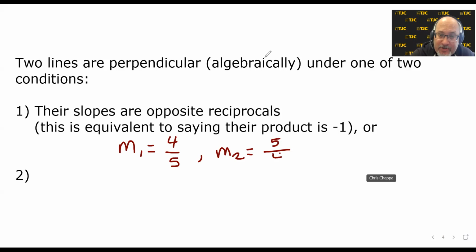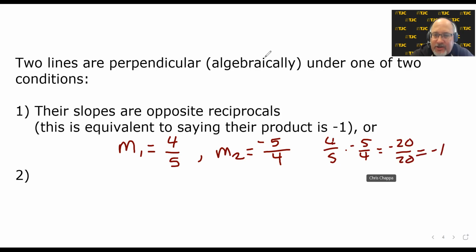And it would be the opposite because one of the rise or run goes from moving in a positive direction to moving in a negative direction. So that's an example of opposite, one positive, one negative, reciprocal, fraction gets turned upside down. Now, if you multiplied these, 4/5 times -5/4, you would get -20/20, which of course is -1. So it's equivalent to saying that their product is equal to -1.